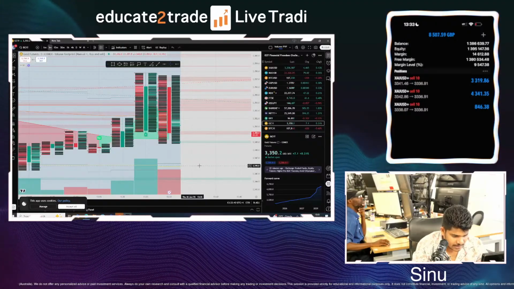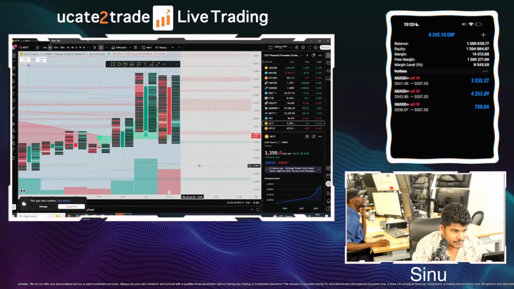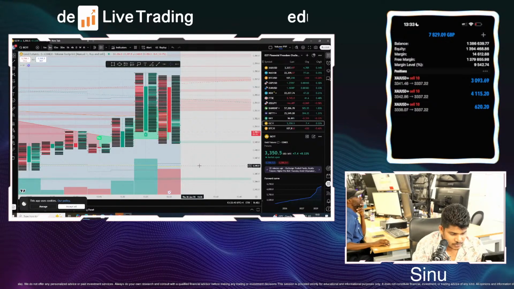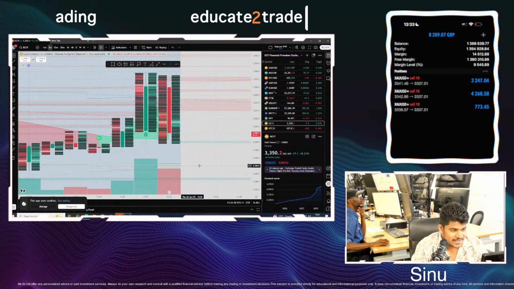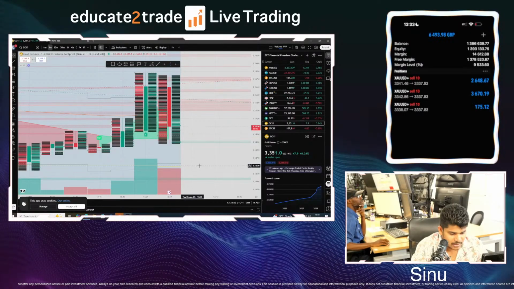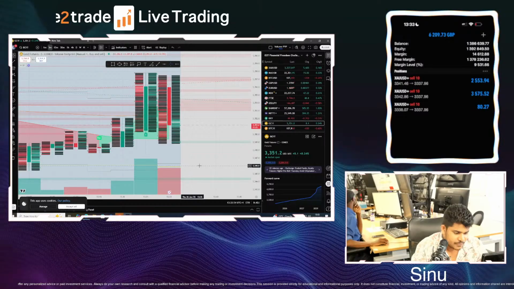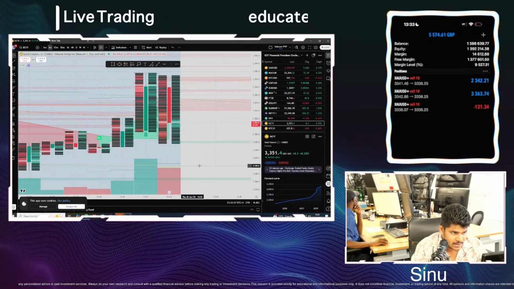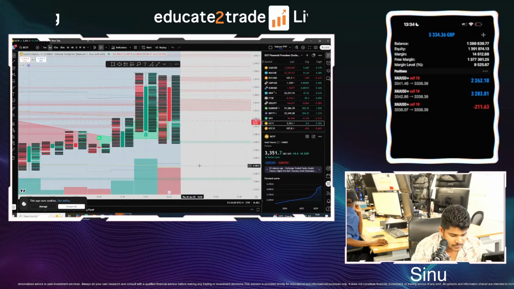We have another 27 minutes to close this candle. If the market closes below 3331 on the 4-hour, I think we can hold up to 3289. That would be my target.